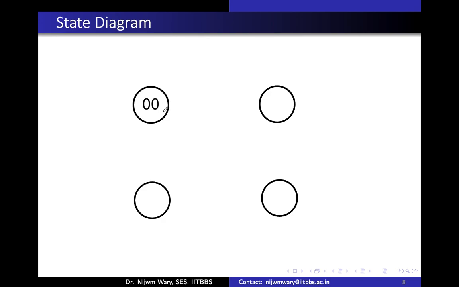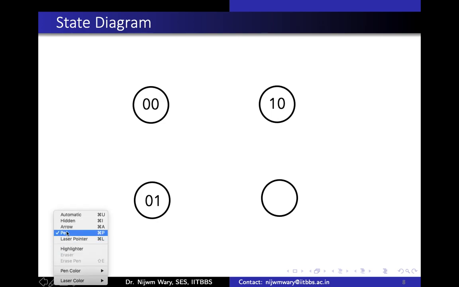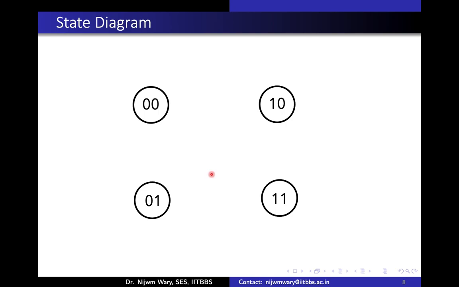So this is how we start drawing the state diagram. Now here we have 4 different states.